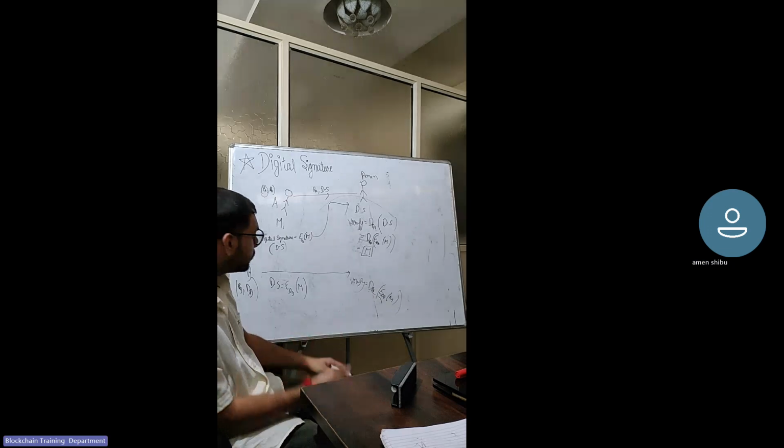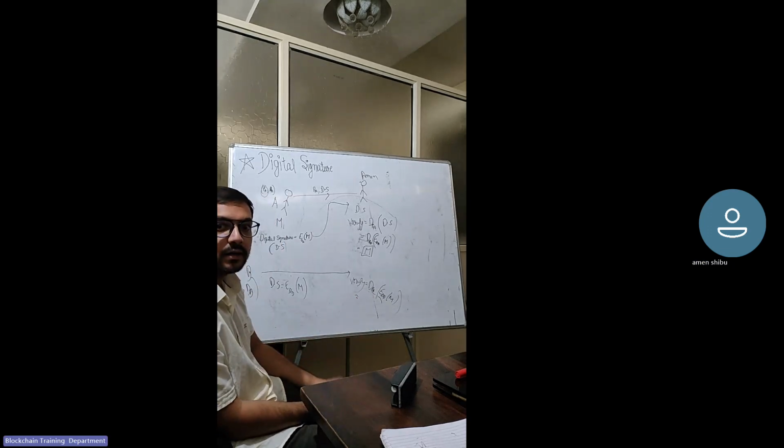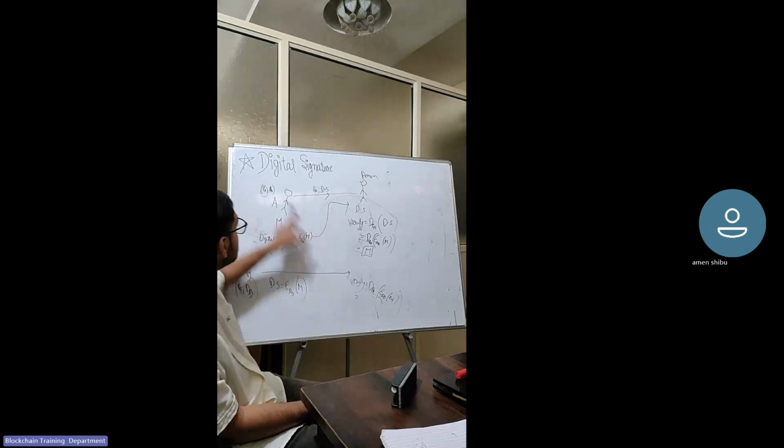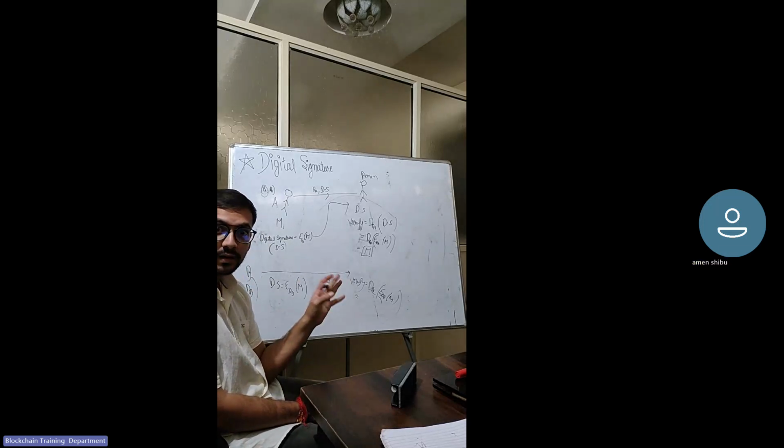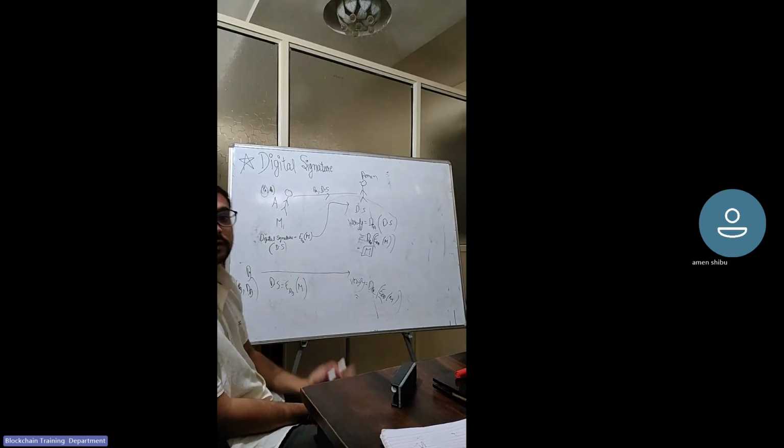So the message is not decrypting. So we can say that this person is not A, but someone else. Getting it? This is how digital signature works.